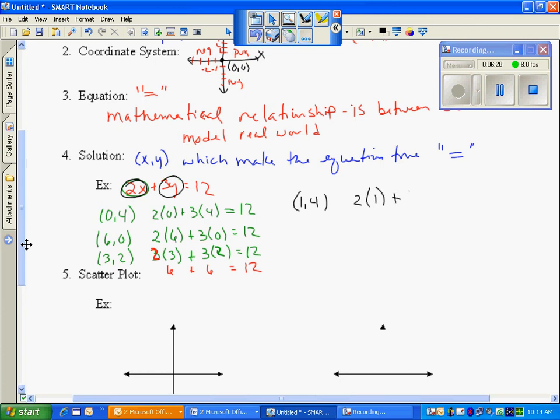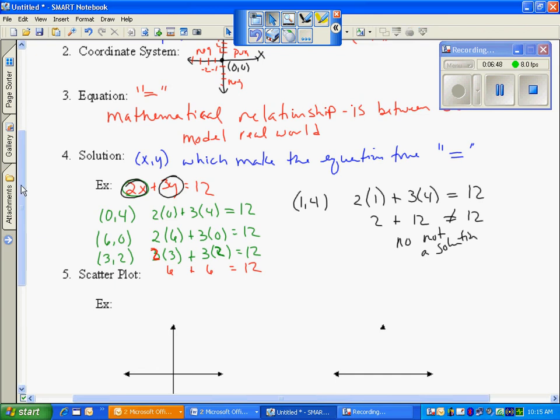Well, 2 plus 12 does not equal 12, so no, it is not a solution. So again, in order to tell if you have a solution to one of these relationships, you plug in the x value for x and the y value for the y, and just see if the equal sign is made true, if it upholds.